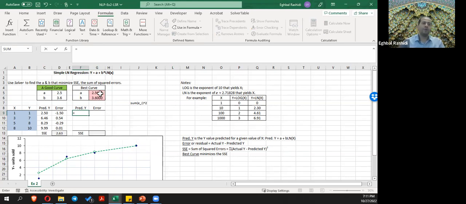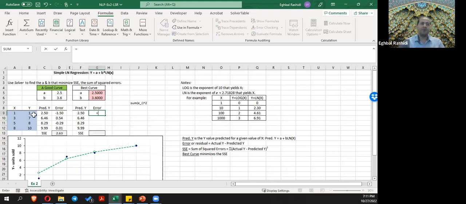So this is going to be a plus b multiplied by ln, the natural logarithm of x here, okay? 2.5, which is going to be the same as what we got here.